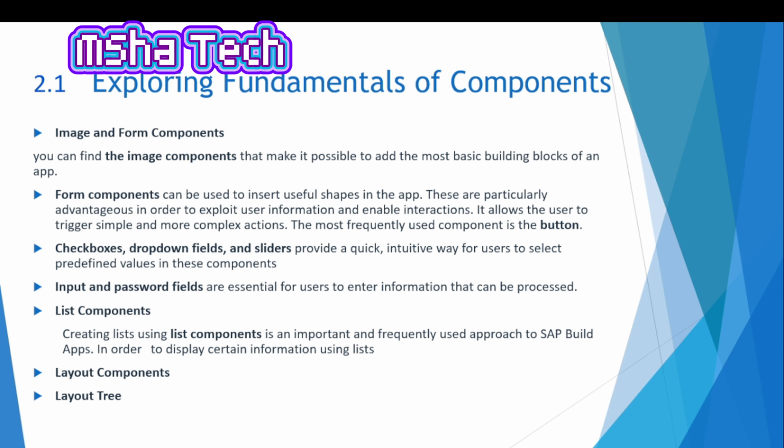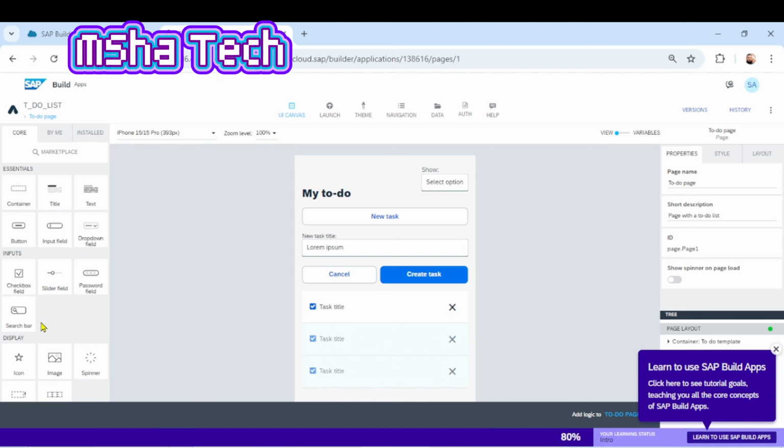So we use the input field, and for security purposes we use the password fields. So let's find where these fields are. As we have already seen, in the input section we have the password field, and also we have the slider field.